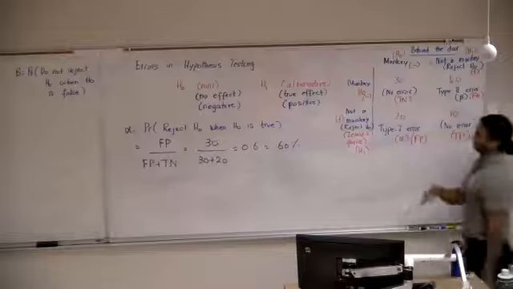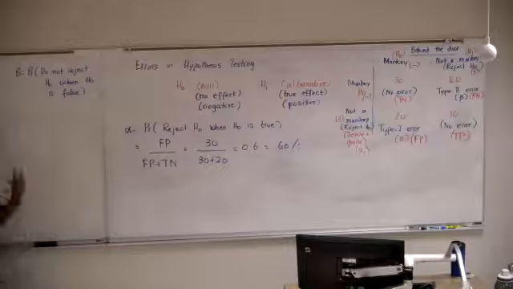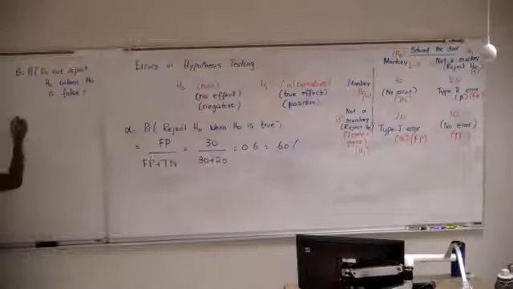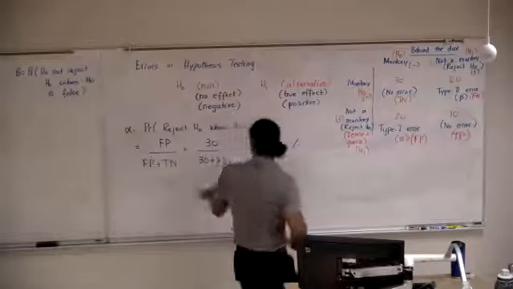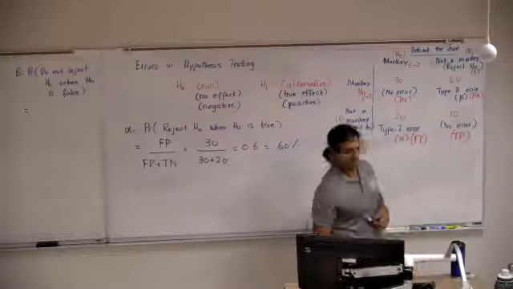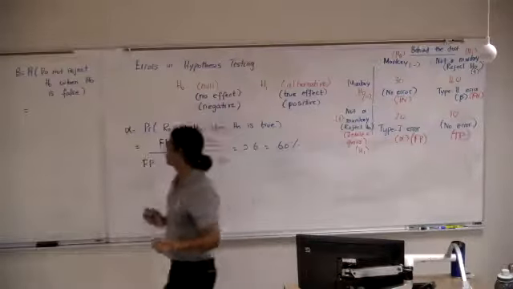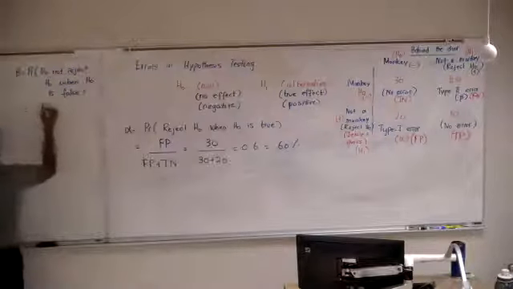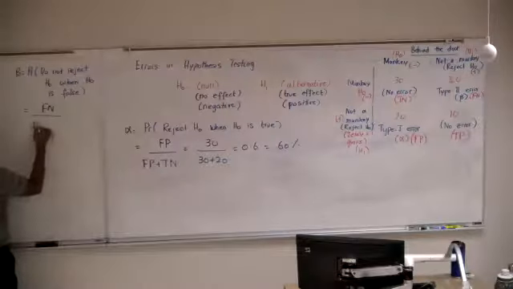But when it is false, we end up saying do not reject the null. So if you have to take a guess, what should the formula for beta be? Yeah. So it's FN divided by FN plus TP.